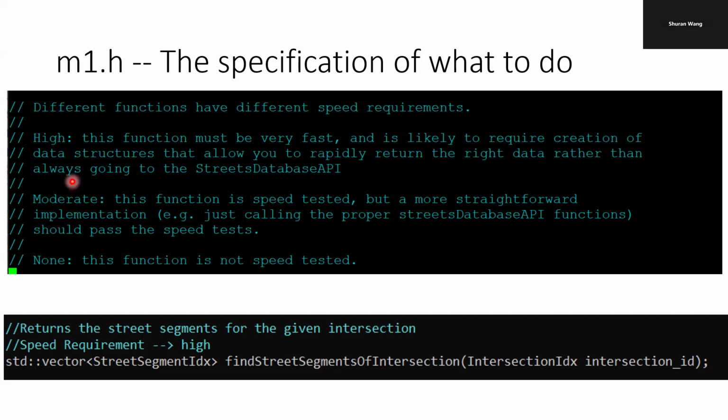For something that's moderate, like load map, this is speed tested, but you can most likely use something like brute force to implement this, or you can just call the proper streets database API in a more efficient way to pass.